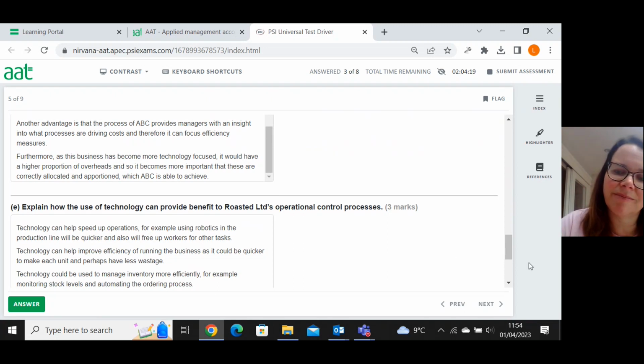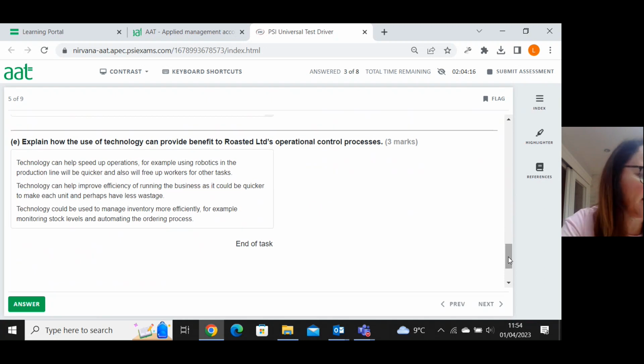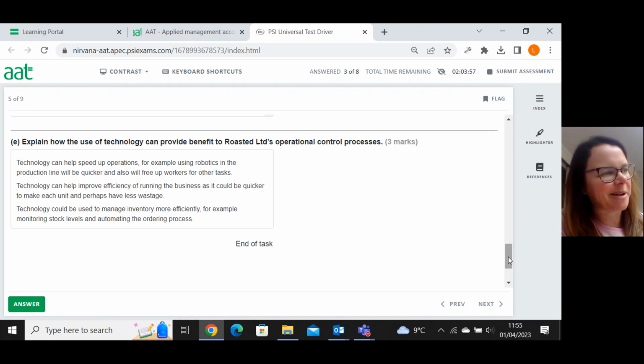Right, so make it as practical as possible. When I'm looking at their mark scheme, it's not brilliant. It just says the use of technologies can help a business speed up processes. If technology is used to replace tasks, this allows managers to focus on key areas. Effective technology can therefore improve overall efficiencies. I like my answer better.